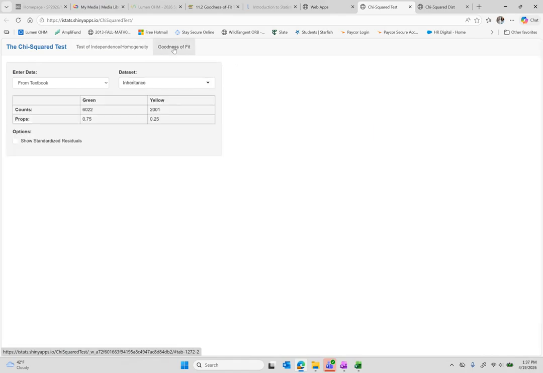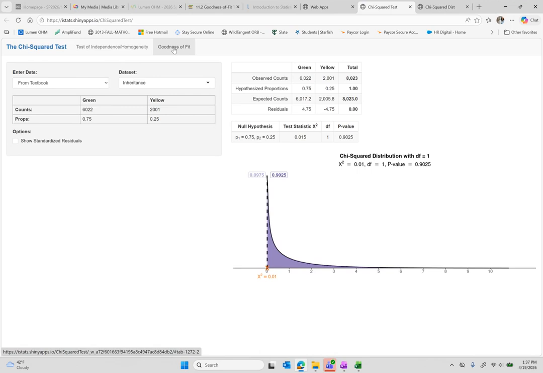So I want to go in the goodness of fit. In our course, we will not do test for independence and homogeneity, but there will be an extra credit Excel project for you to do the test for independence. But in our class, we will be focusing on a goodness of fit test.